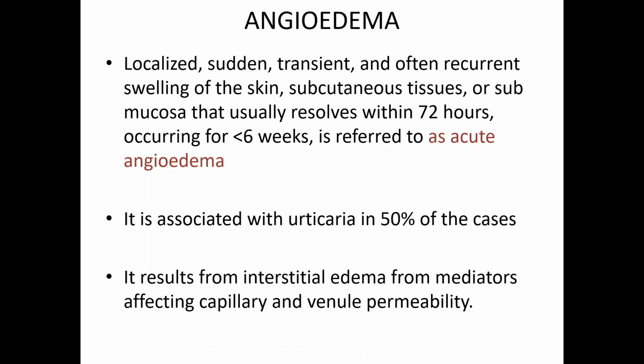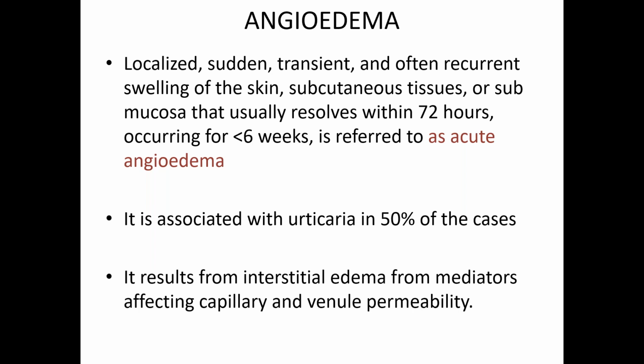This is again an emergency. If it is not taken care of properly, the patient may lose their life because of difficulty in breathing when the oral cavity and respiratory tract are involved. It is a localized, sudden, transient and often recurrent swelling of the skin, subcutaneous tissue, and submucosa, and usually resolves within 72 hours.